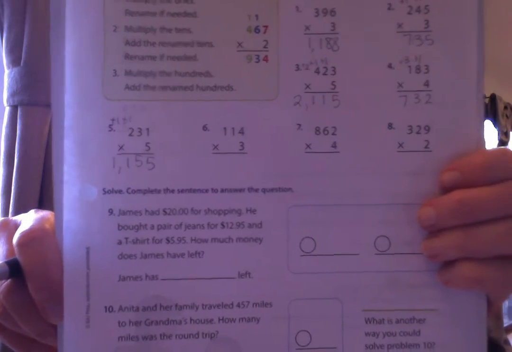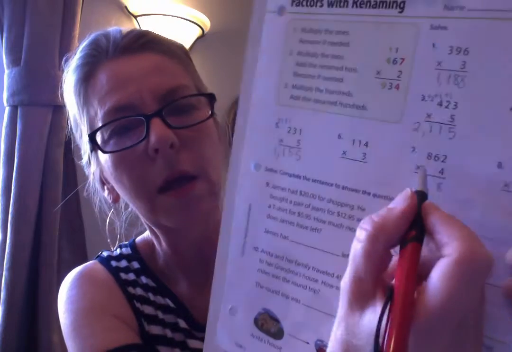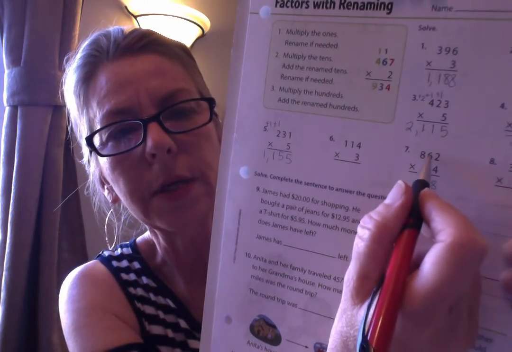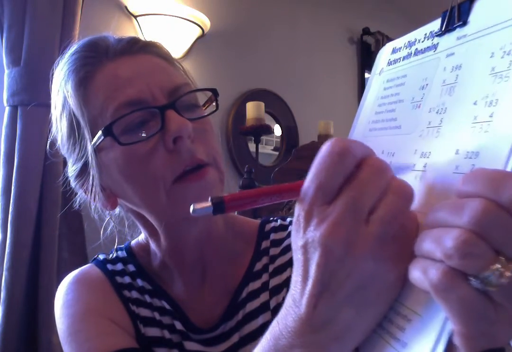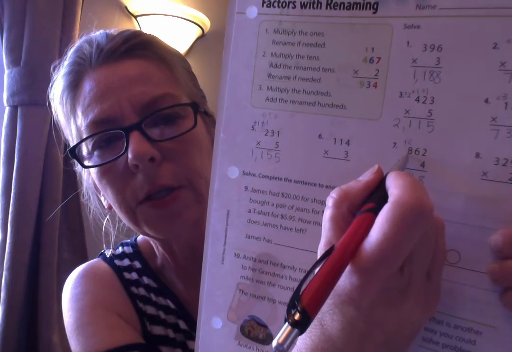Okay, and let's do number 7. We have 4 times 862. Start with our 1s. 4 times 2 is 8. No renaming. And then our 10s. 4 times 6 is 24. So we put our 4 here and our 2 hundreds up in the hundreds place. And 4 times 8 is 32.